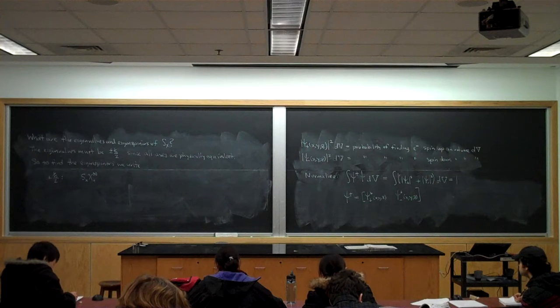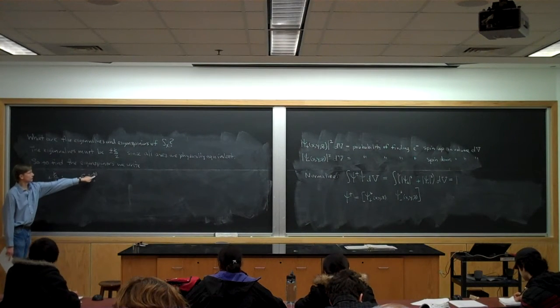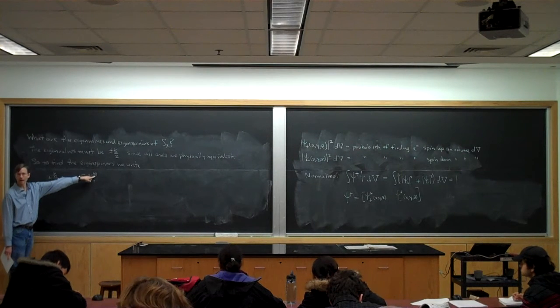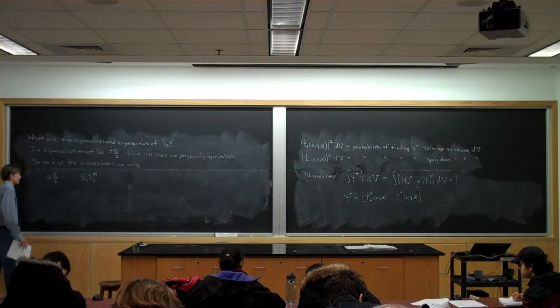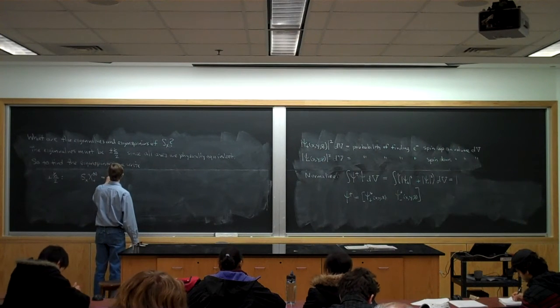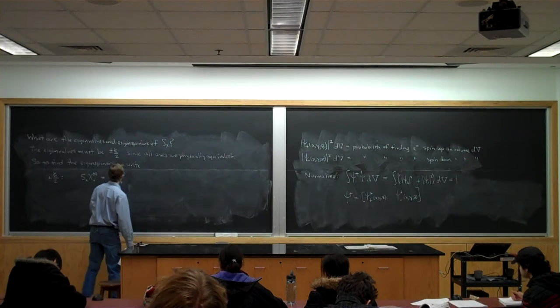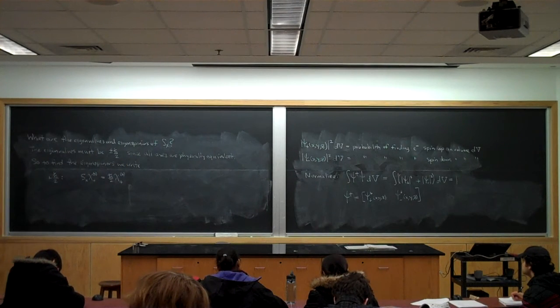So the eigenspinor that has plus h bar over 2 along the x-axis, that's what chi plus with the superscript x represents, has to be equal to h bar over 2 times that spinor, chi plus in the x direction.